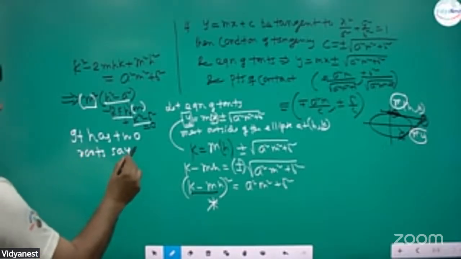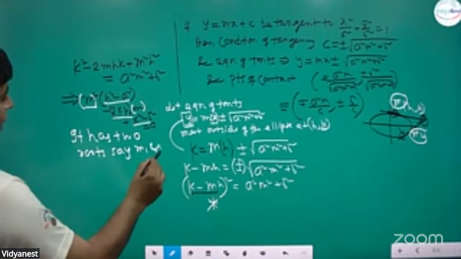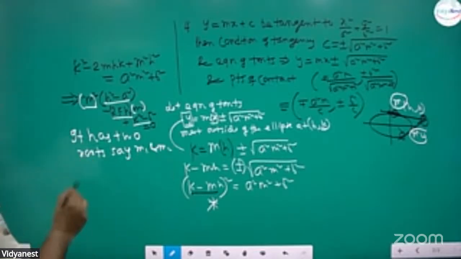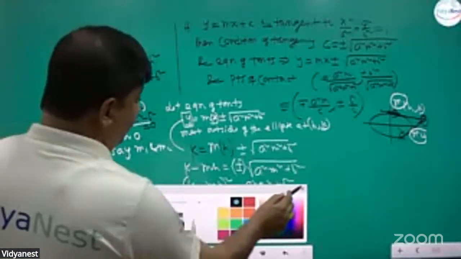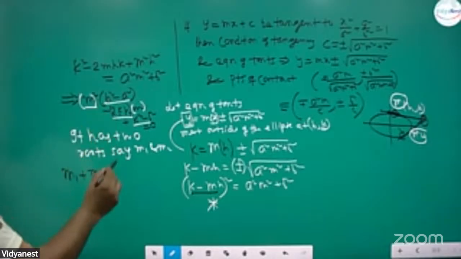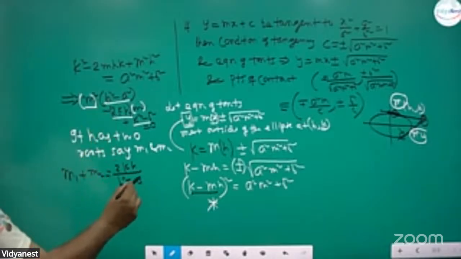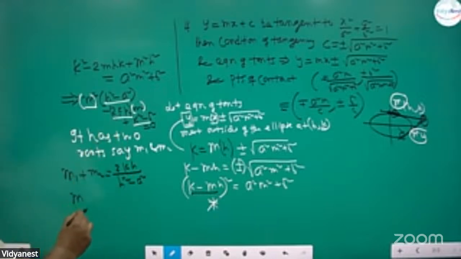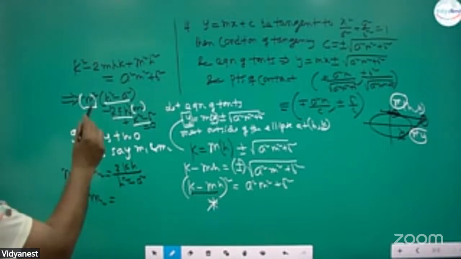Say m1 and m2. Now, what is the property of quadratic you were taught in junior class? Sum of the roots is minus b by a and product of the roots is c by a.